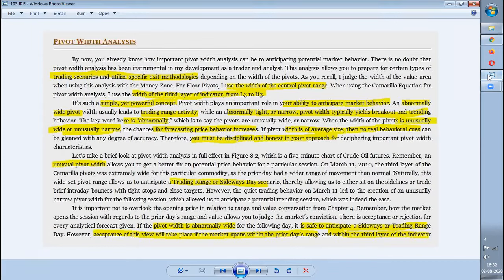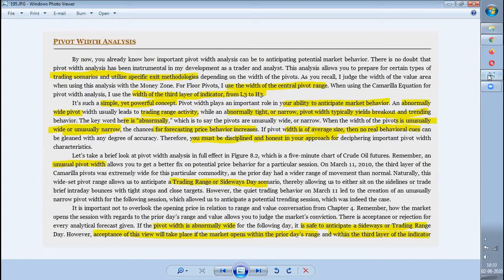No other indicator can give you this much anticipation for tomorrow's market. You can use either CPR or Camarilla, and use the pivot width analysis to know how the market is going to behave the next day. As said for CPR, if the CPR range is normal narrow or normal wide, it is not going to have much impact on the trading day.